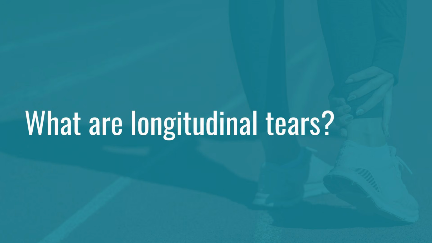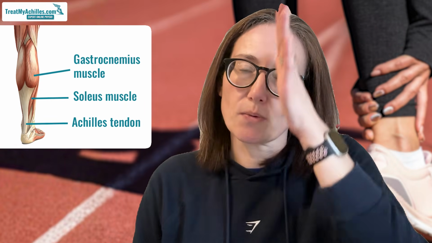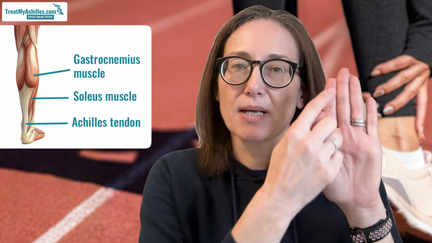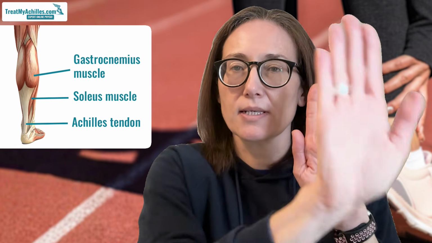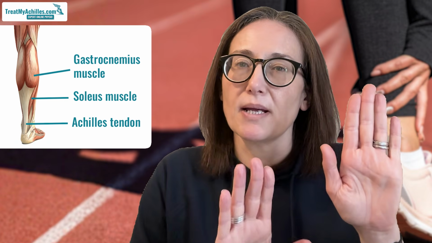So what is a longitudinal tear? Well, longitudinal means it's going lengthways compared to crossways, so a transverse or horizontal tear. If you think about Achilles anatomy and imagine all of the fibres running down from top to bottom, these fibres are bundles of collagen fibres all nice and lined up, and there are multiple bundles.